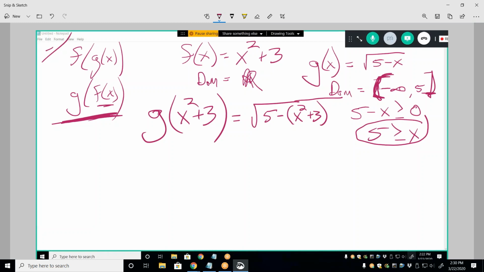Okay? Because what the parentheses does now is this minus sign applies not only to the x squared, but also to the 3. So simplify that. Remove the inside parentheses and then simplify.